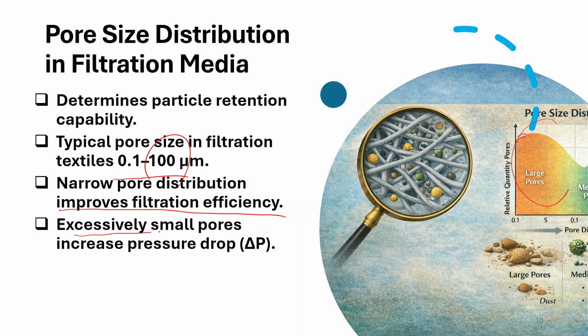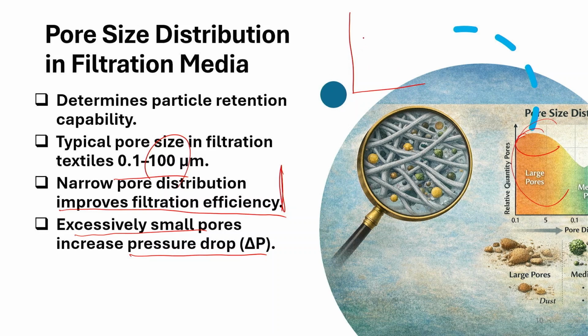As I have already mentioned, if we try to reduce the pores, that means it will increase the pressure drop. So, air will not flow properly. So, for the narrow pore distribution, this is the relative quantity. Large pores and small pores will always be there, but the distribution matters.